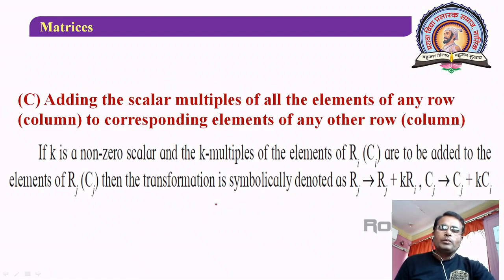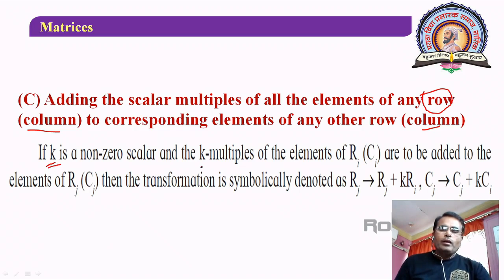The third type of transformation is adding the scalar multiple of all elements of any row or any column to the corresponding elements of any other row or any other column. That means a multiple of one row is added to another row, or a multiple of one column is added to another column. Now see how this works. Suppose k is a non-zero scalar, that is a non-zero real number.